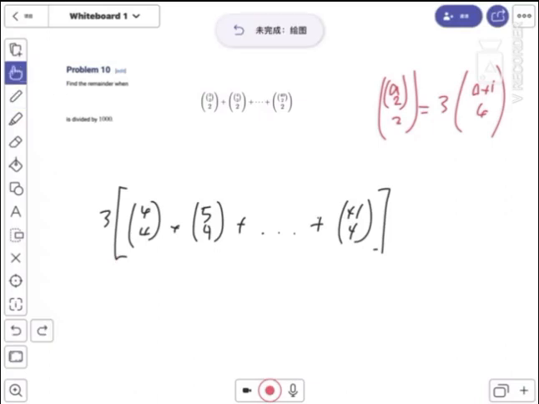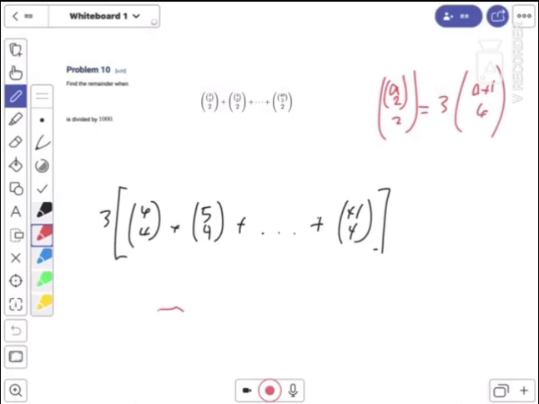So for this one, we're actually going to use the hockey stick identity, which states that the summation from i equals k to, let's say, a random number z of i choose k is actually equal to z plus 1 choose k plus 1.